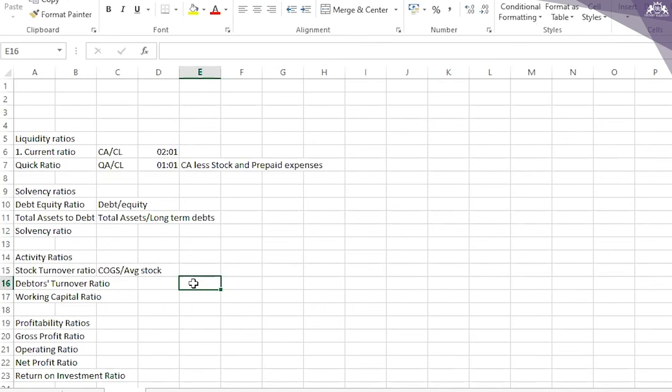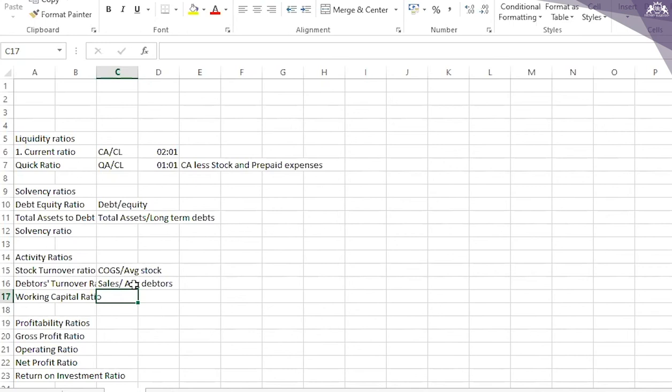Debtors turnover ratio means sales divided by average debtors. That is, how quickly do my sales get converted into cash? If I have sold goods on credit, how quickly do I recover this credit from my customers?